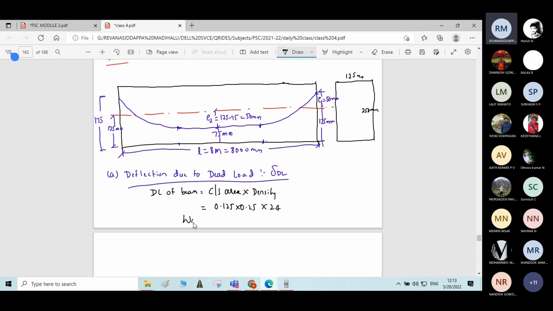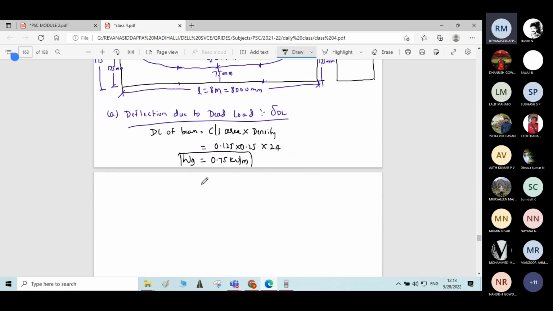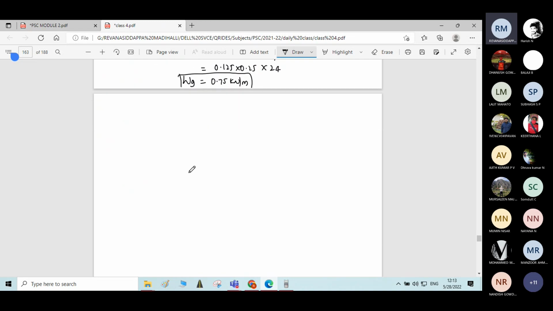So you get Wg as 0.75 kilonewton per meter. Okay, so we know the formula for calculating deflection due to dead load, that is 5 by 384 Wg L raised to 4 by Ec into Ix.